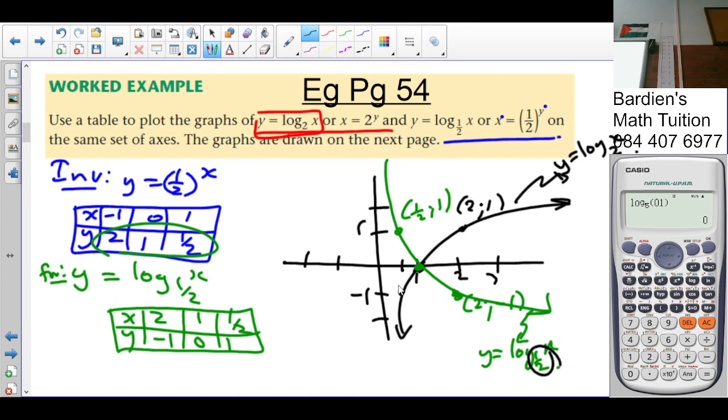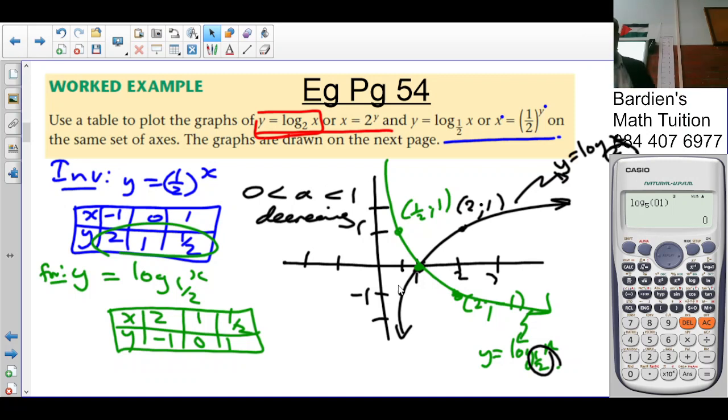If a is greater than 0 but less than 1, which we just read earlier on, then the graph is decreasing. And as you can see, this base is greater than 1. Therefore, the graph is increasing. As x increases, the value of y increases, which makes it an increasing function. And there's that graph drawn. So at this point, you should be able to do exercise 4.